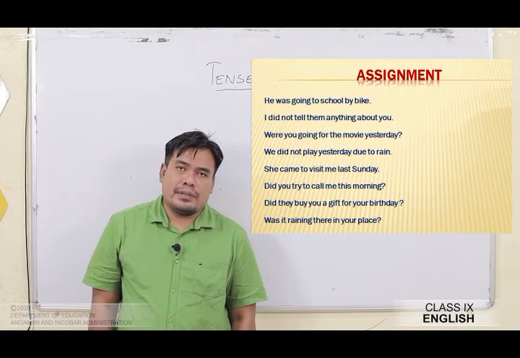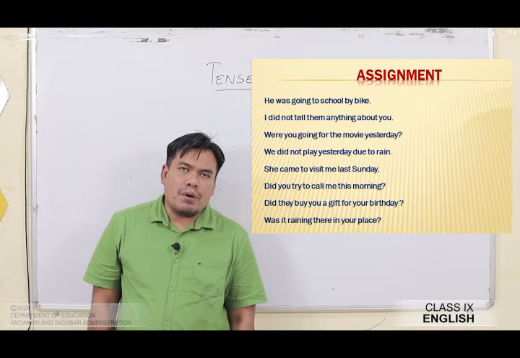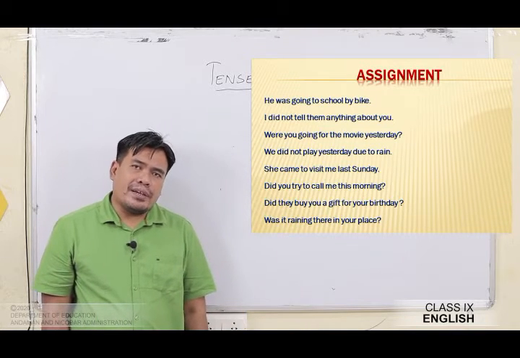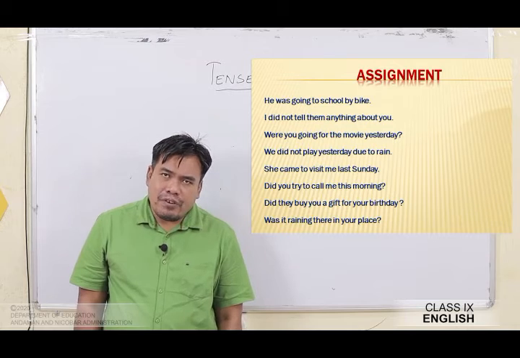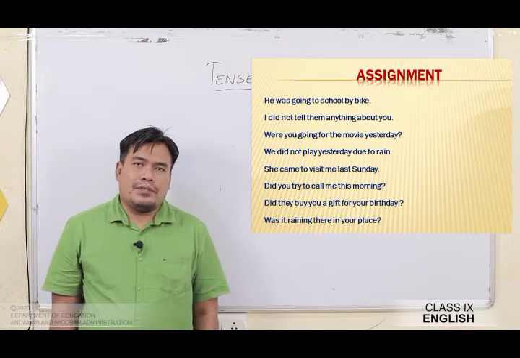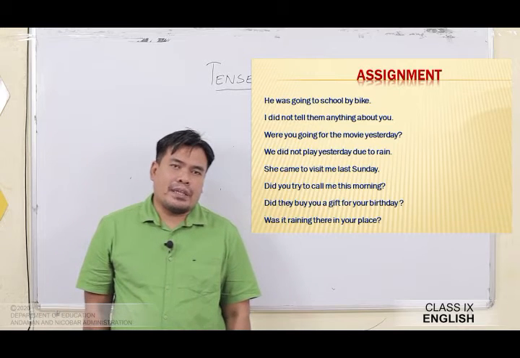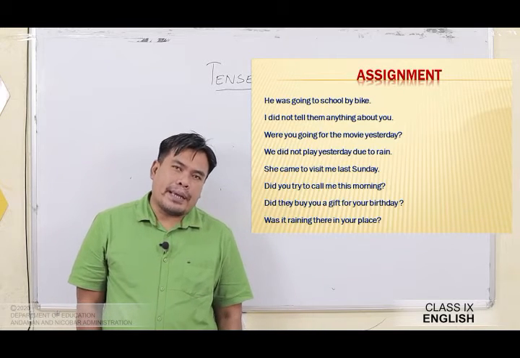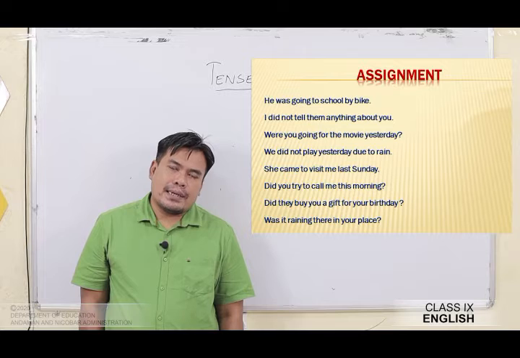And of course the forms of verb, whether it's the first form, second form, or third or fourth form of the verb being used there. Okay? He was going to school by bike. Try to sort it out.